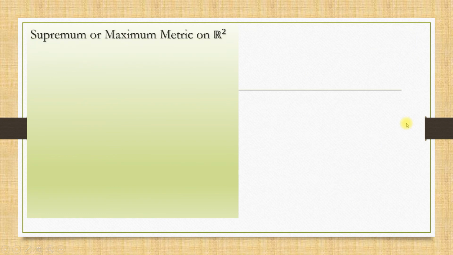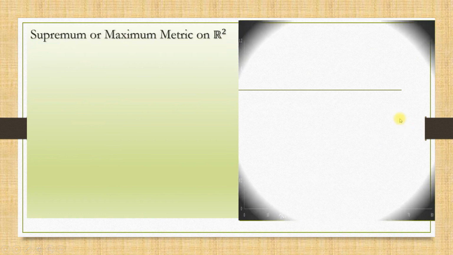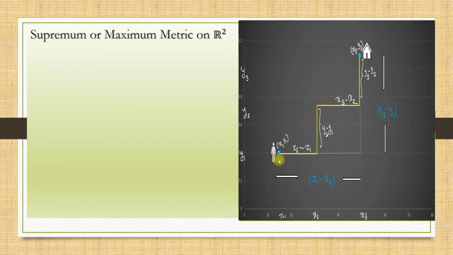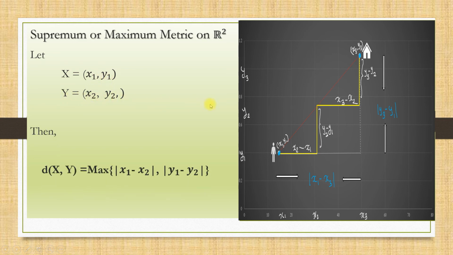Next is the supremum or maximum metric on R2. Consider the figure again. The supremum or maximum metric on R2 is given by: let x equal the ordered pair (x1, y1), y equal the ordered pair (x2, y2). Then d(x,y) is given by the maximum of the absolute value of x1 minus x2 or the absolute value of y1 minus y2. That is, we take the distance between x1 and x2, y1 and y2, then we take the maximum. This is called the supremum or maximum metric on R2. Here we consider the white dot.